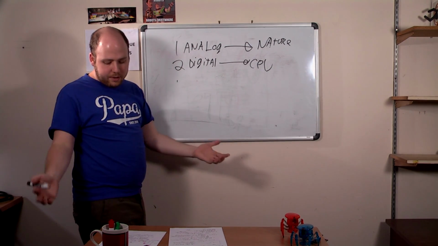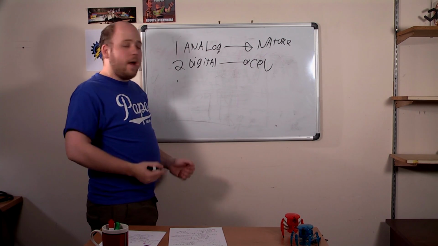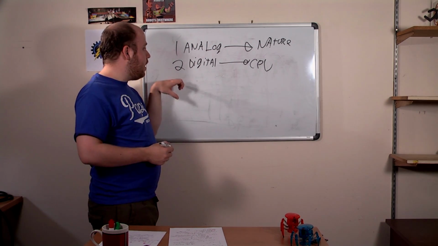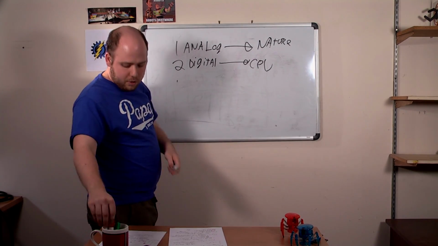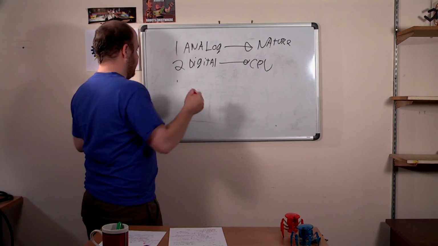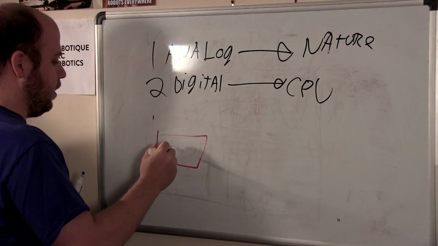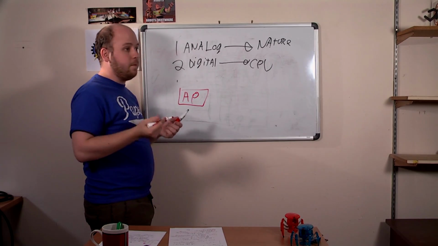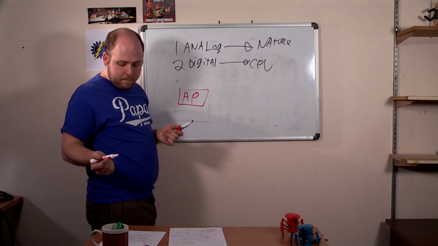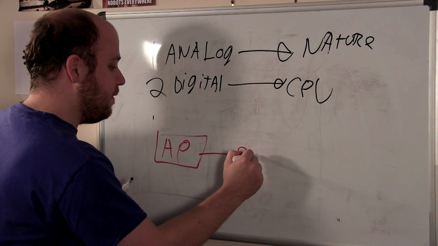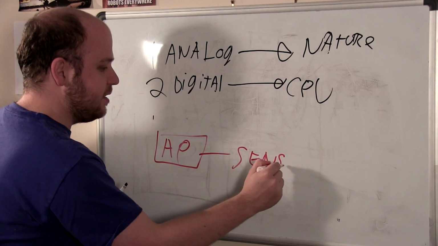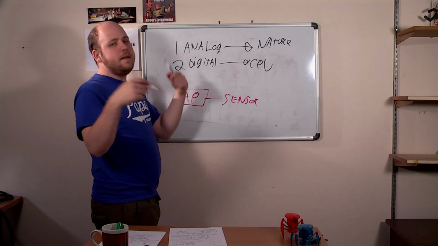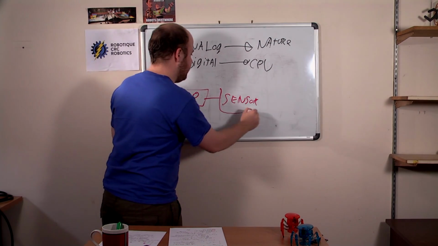And to finish this article, I'll draw a small schematic to explain a little bit how it's done. So you have your, we'll call it your analog phenomena, which is basically what you want to study. Then you have some kind of sensor, transducer, microphone, camera, anything that can digitalize it.